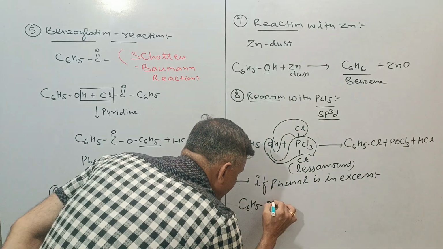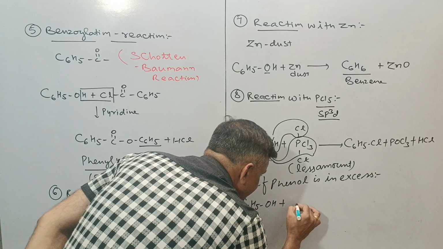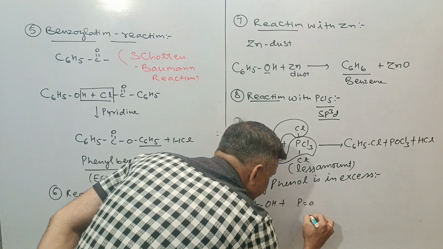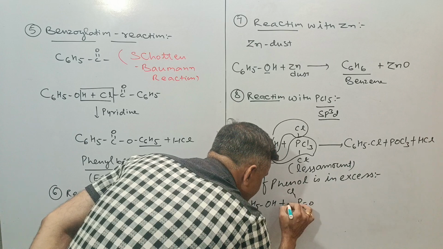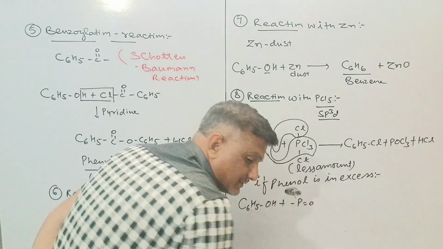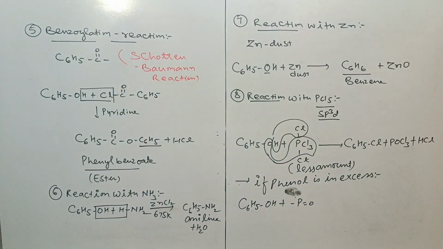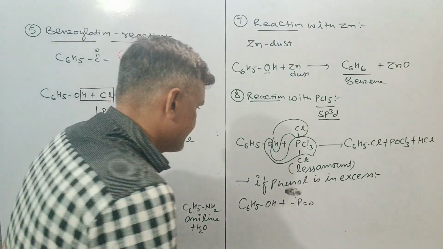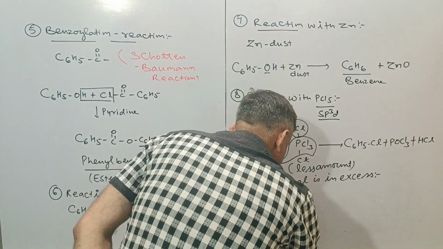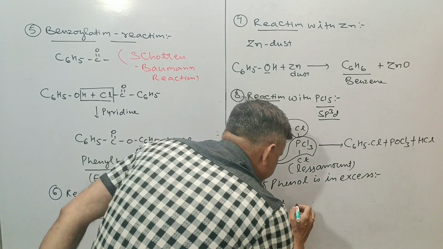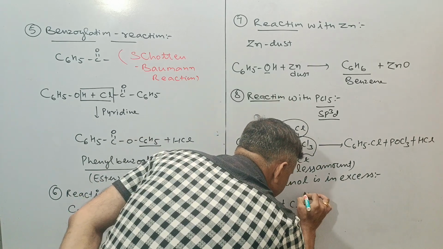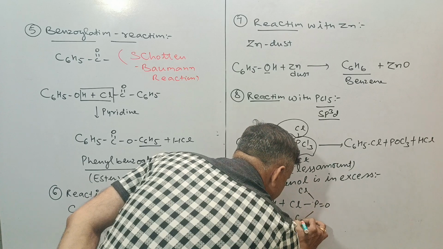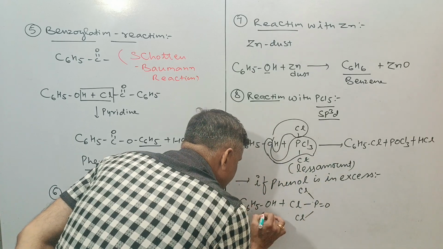C6H5, this is the OH, here is the POCl3, with Cl, Cl and Cl, three molecules.